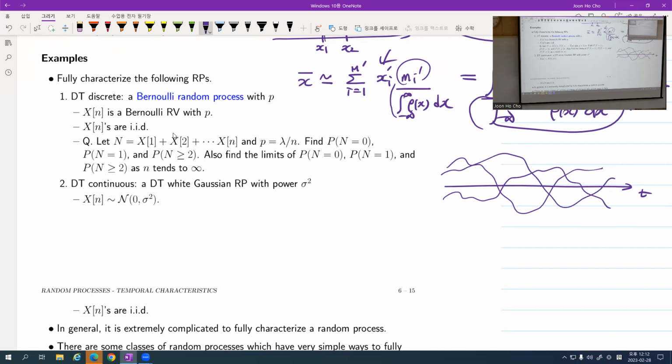Now you may say that, okay, it seems that every sample path in my parallel universes is a continuous time function. However, it's possible that your mean path may be discontinuous.